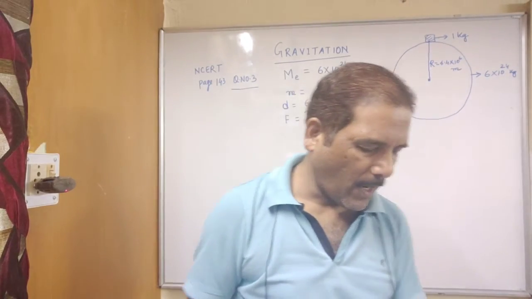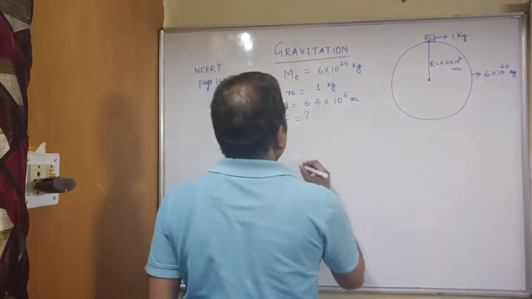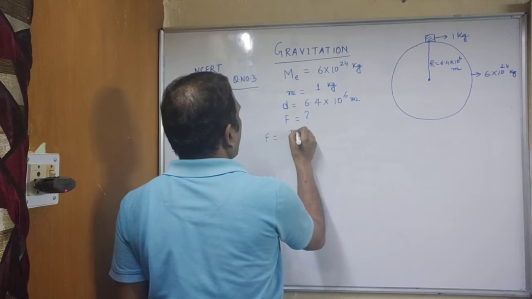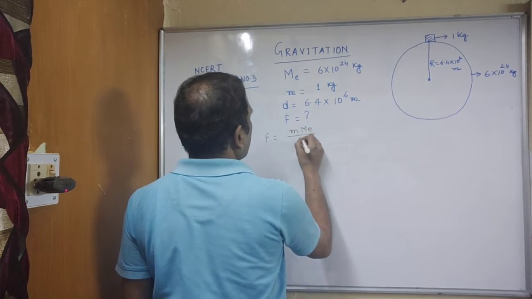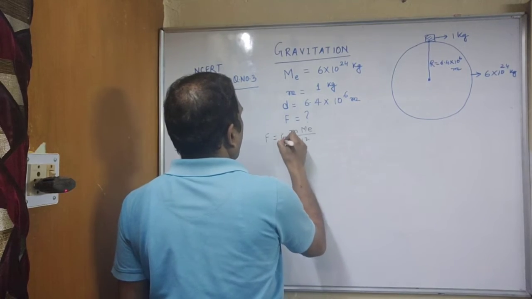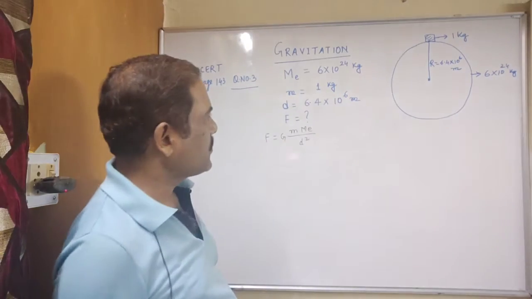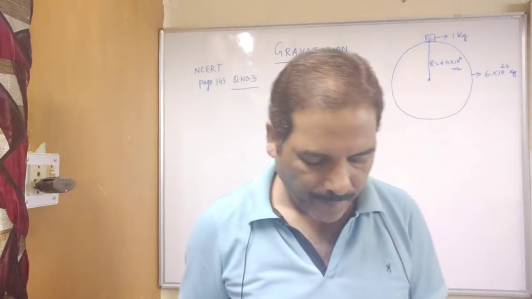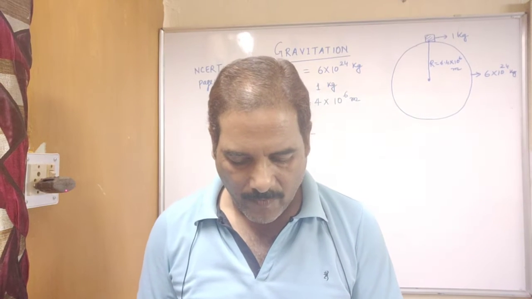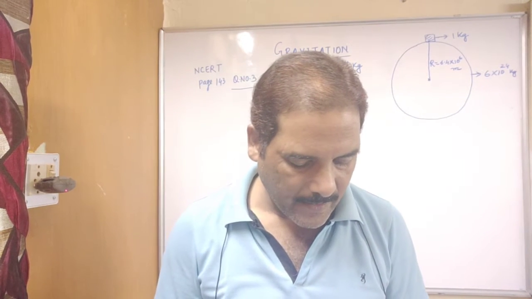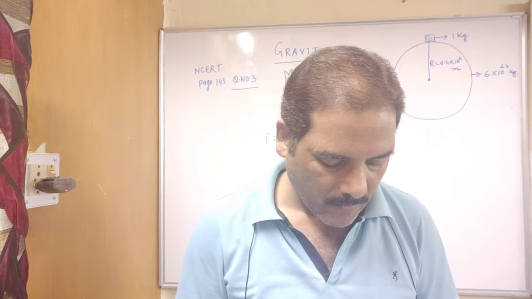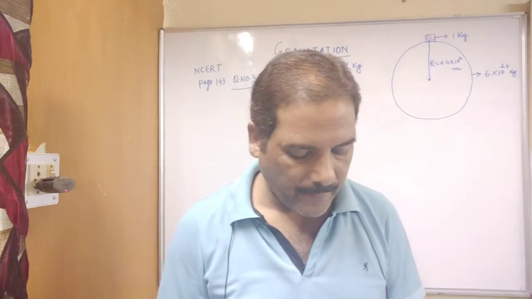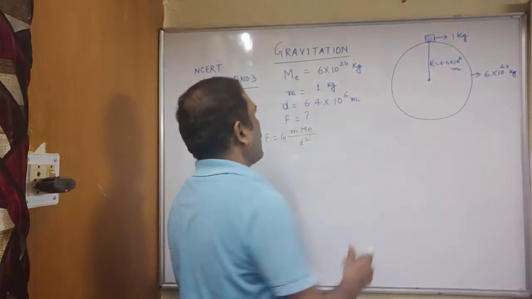So from Newton's law of gravitation, we know that force is equal to G M m by d square. So value of G is calculated by Henry Cavendish with the help of a balance, and the accepted value is 6.673 into 10 to the power minus 11.